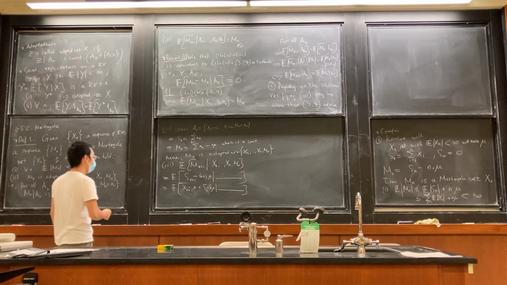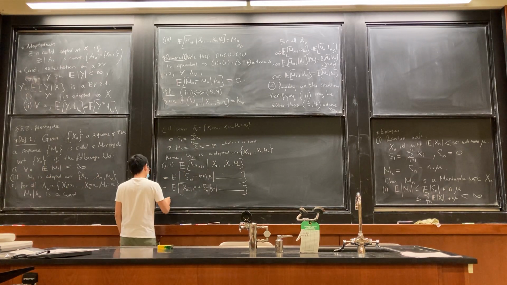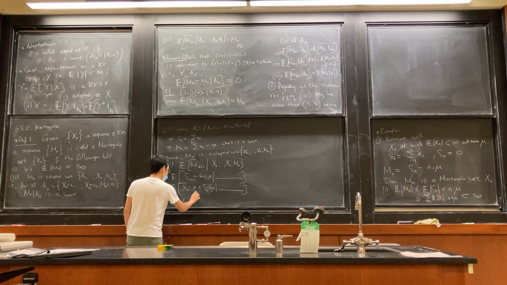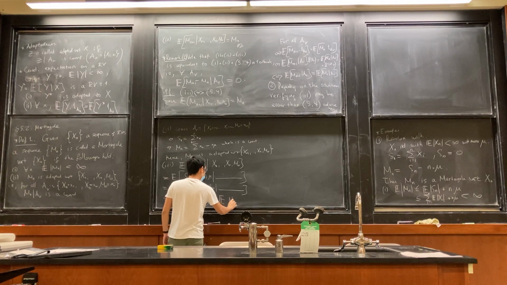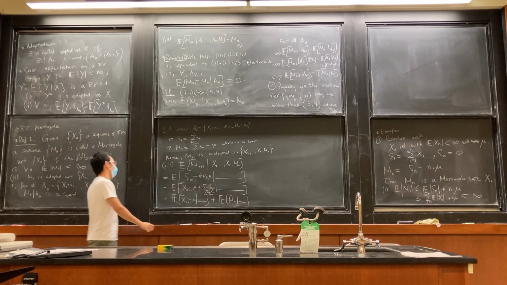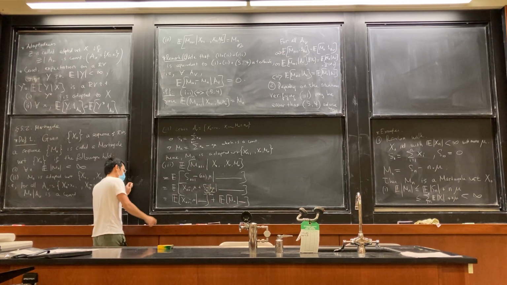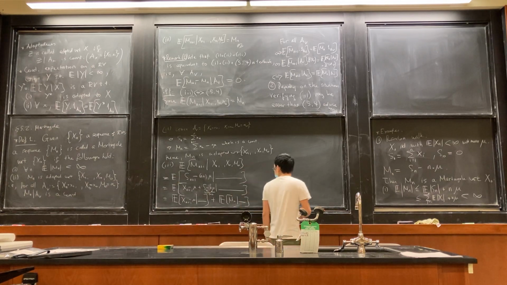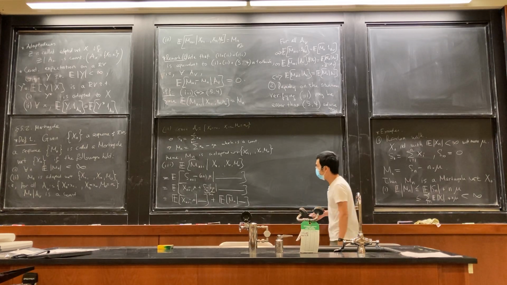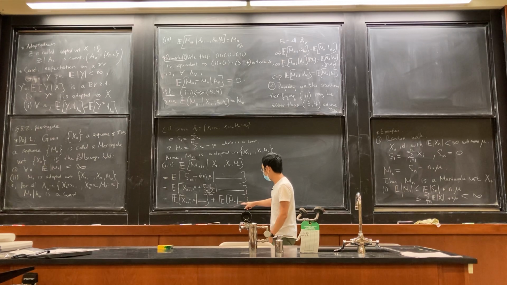By the linear property, this can be split further as the expected value of X_{n+1} minus mu, conditioned on the past, plus the value of M_n. This is the linear property. Now we know that M_n is adapted to the past, so conditioning on the past, this random variable is itself.